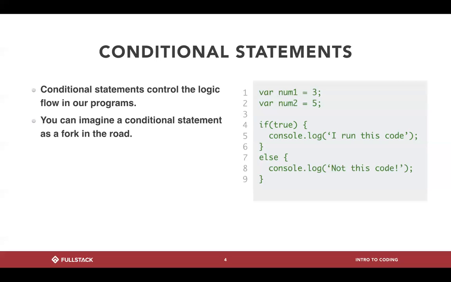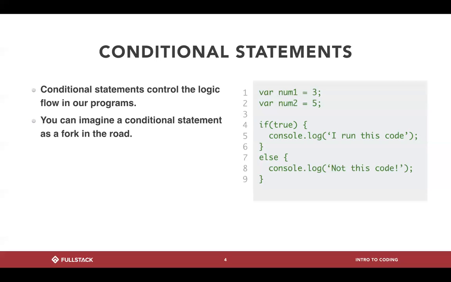So in this case, we're always going to hit the if true, and that's going to be yes, true, log out I run this code, and never the else, log not this code. We're always going to skip over that else statement because we have a fork in the road.